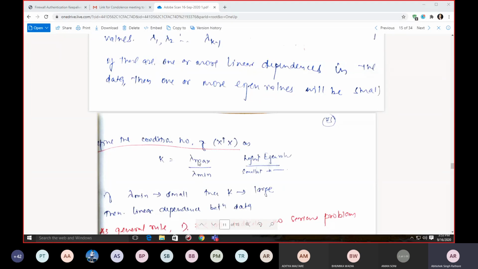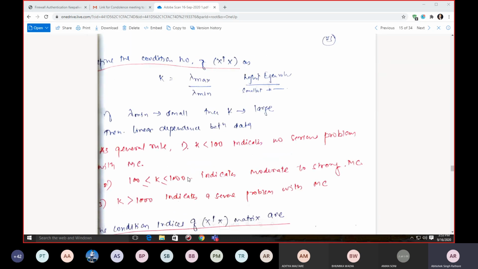Lambda max is the highest eigenvalue, and lambda min is the smallest eigenvalue. If your lambda min is very small, then your k is very large. So we can say that there is a strong linear dependence in your data.